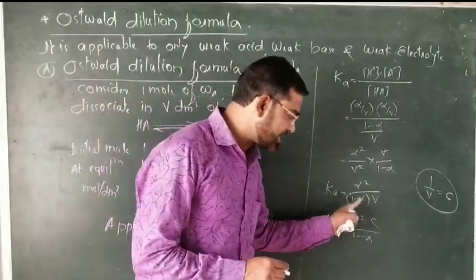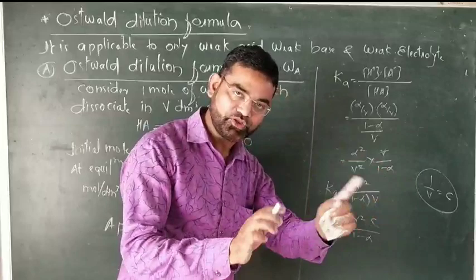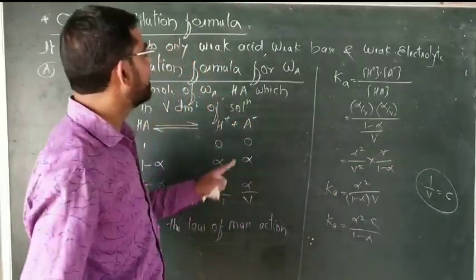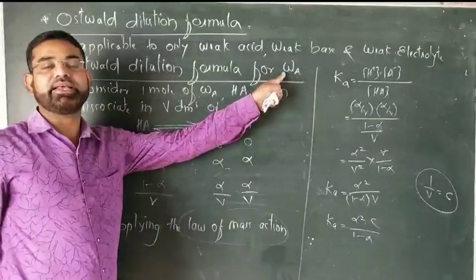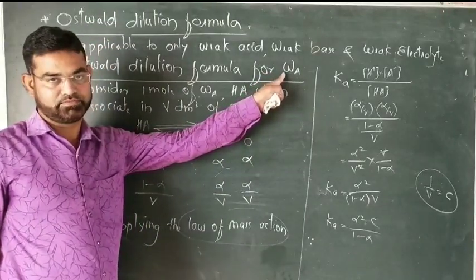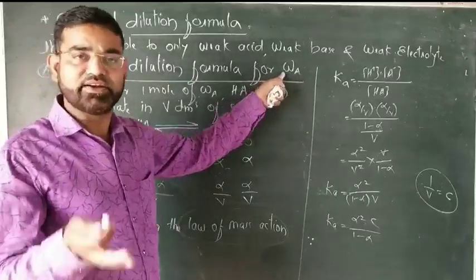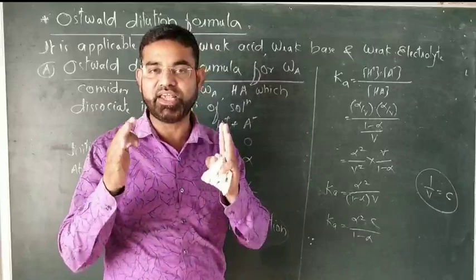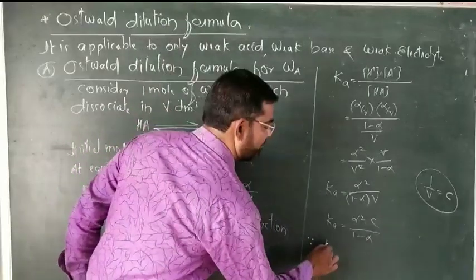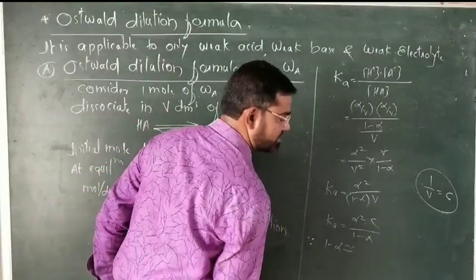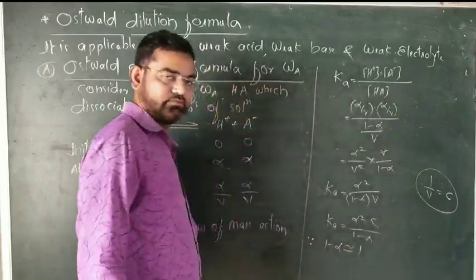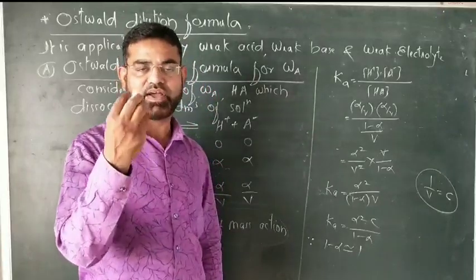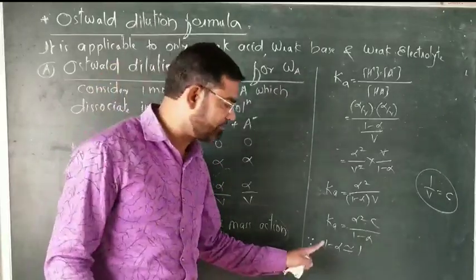You can do this step first or later, both work. Now you can say since the electrolyte is very weak. If it's a weak electrolyte, a weak acid or a weak base, its dissociation is very low. So you can say 1 minus alpha is approximately 1, because the value of alpha is negligible, very low as compared to 1.